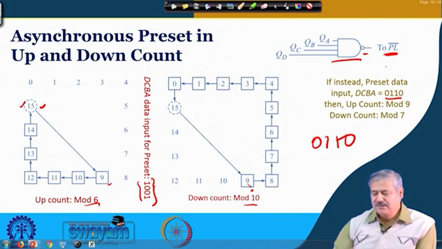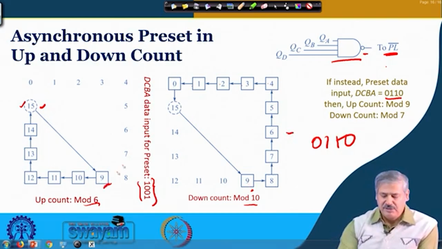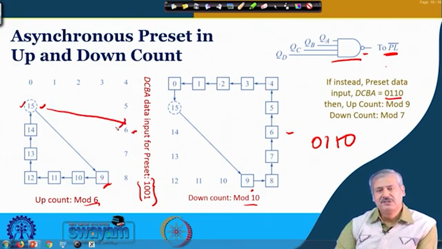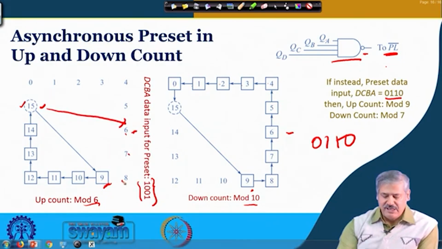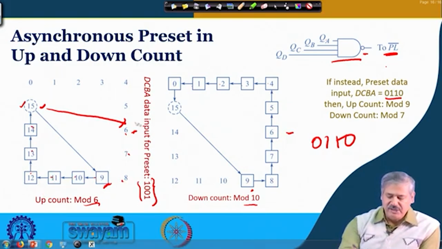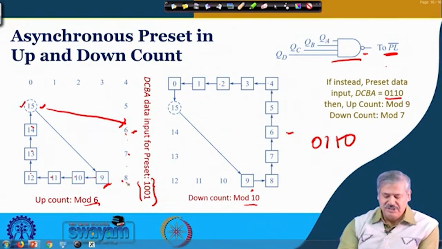Instead of 9, you are loading 6. So, from 15, it is coming over here. Okay. So, 6, 7, 8, 9, 10, 11, 12, 13, 14, and 15 and 6 together. So, 1, 2, 3, 4, 5, 6, 7, 8, 9. Okay. So, a mod 9 count will be there.